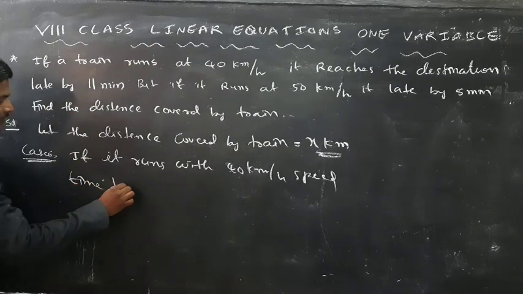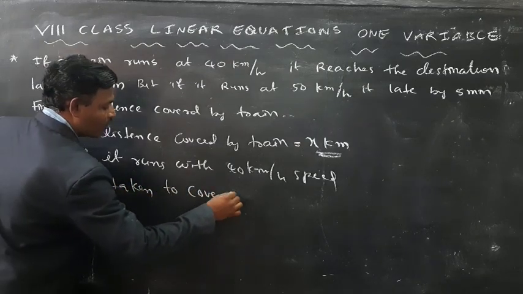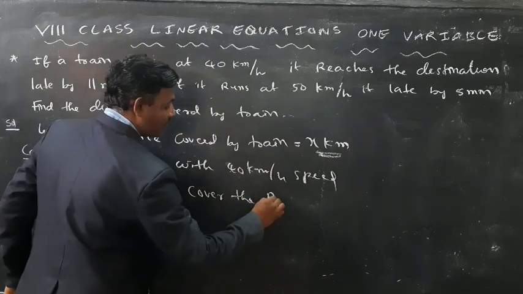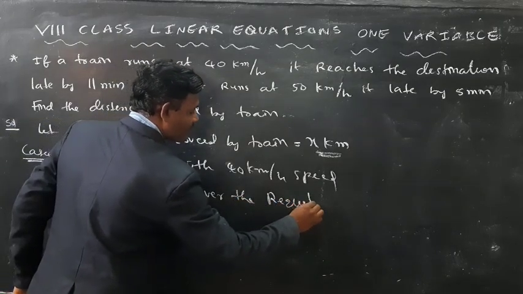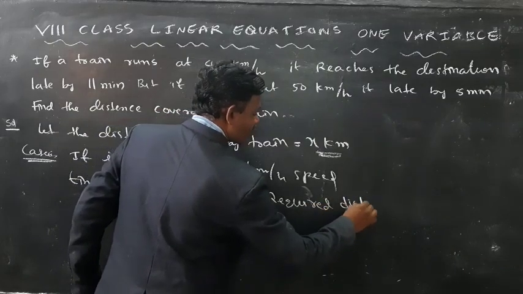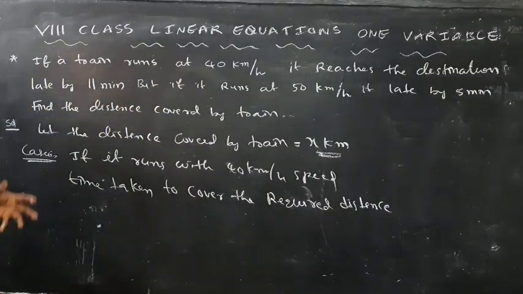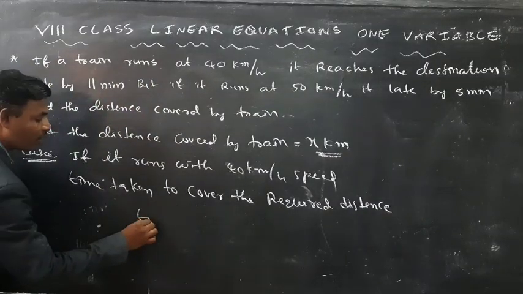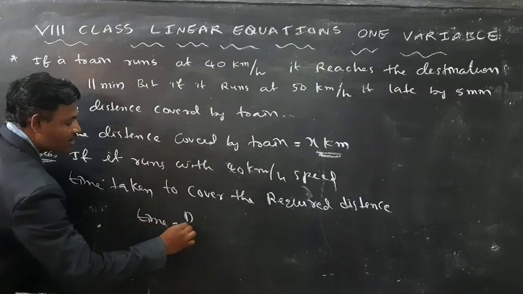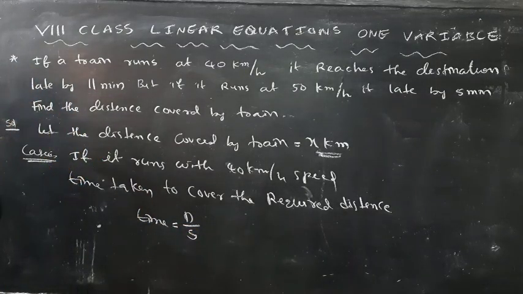Time taken to cover the required distance. What is the formula to find time? Time is equal to distance by speed.